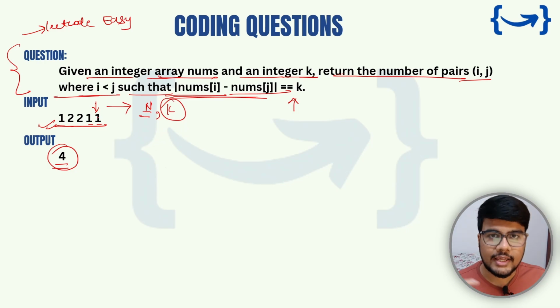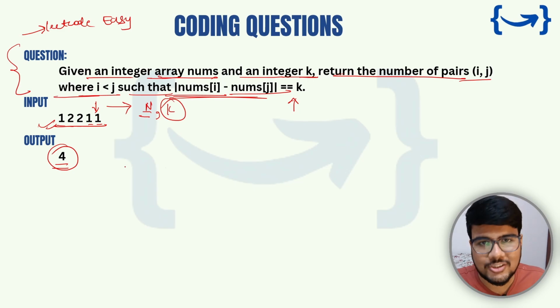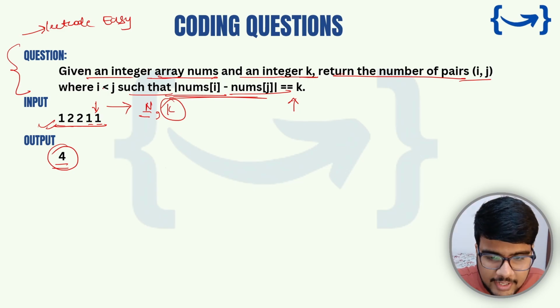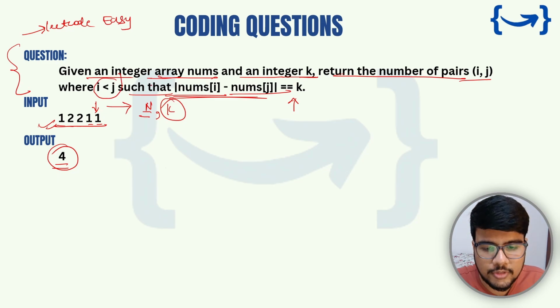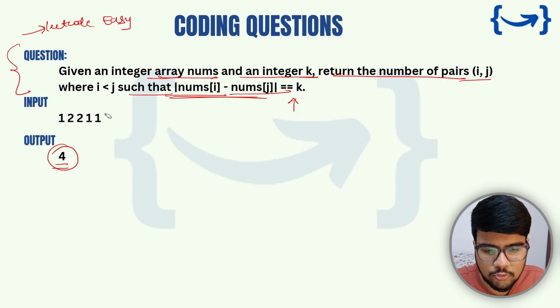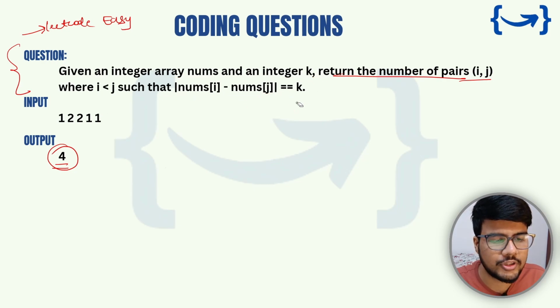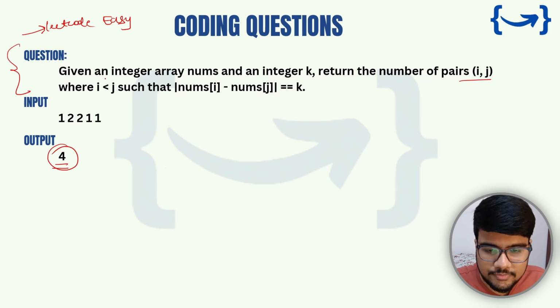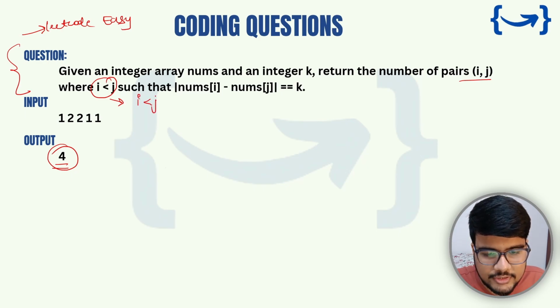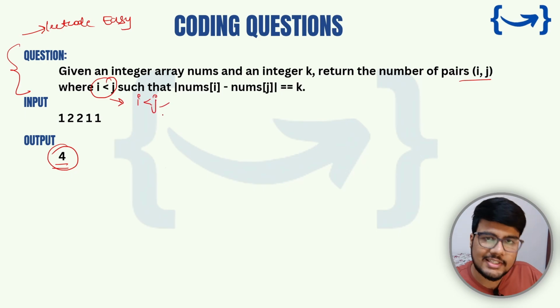Most of the people are brilliant, they solve this question in an optimal manner. Okay, so great. How can I solve it, Aditya? Now, if you look at this particular case, how you need to frame the approach, I will let you know in the video, so that if your preparation is not up to the mark, still you are able to come up with an approach in your exam. So i comma j states that i will always be less than j, which means j should always be greater than i.